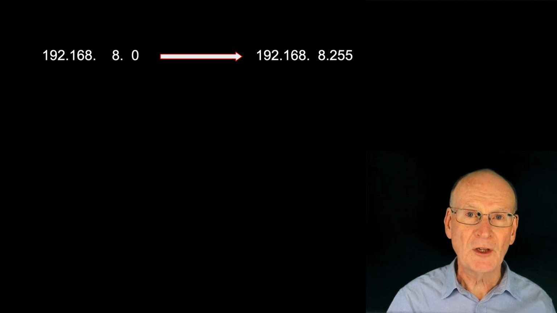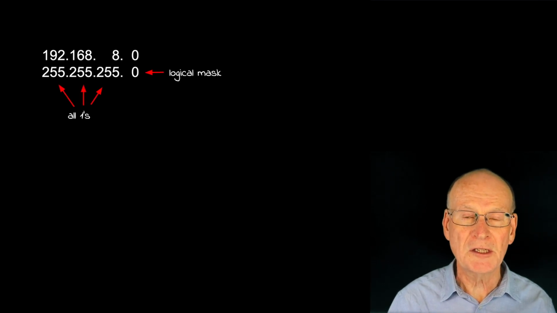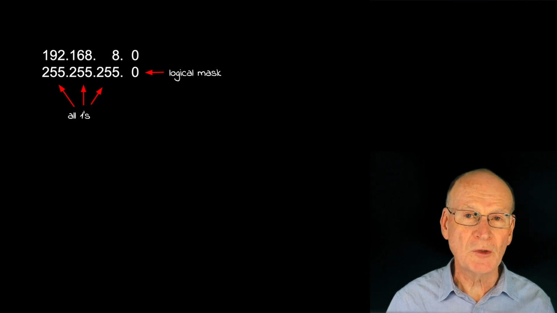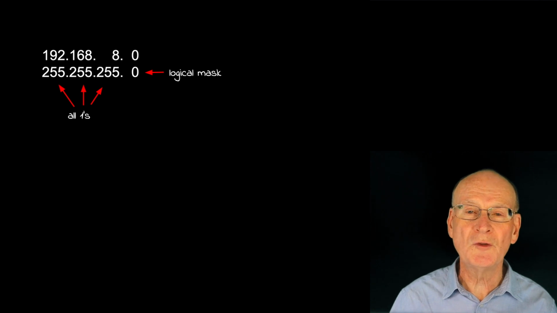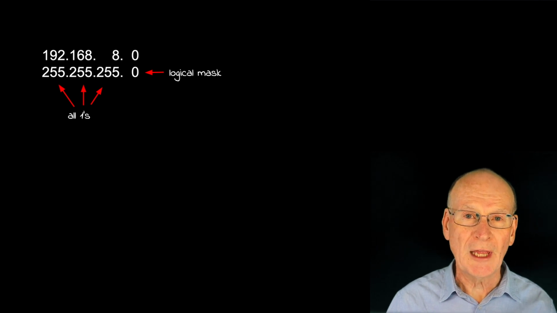And to test if a node address is inside this local area network, you simply use a logical mask. This is where you use the AND operation, and you use a mask, in this case, which is all ones except for the last 8 bits, which are 0. So in IP address notation, it would be 255.255.255.0. And you use the logical AND operation with the node address.